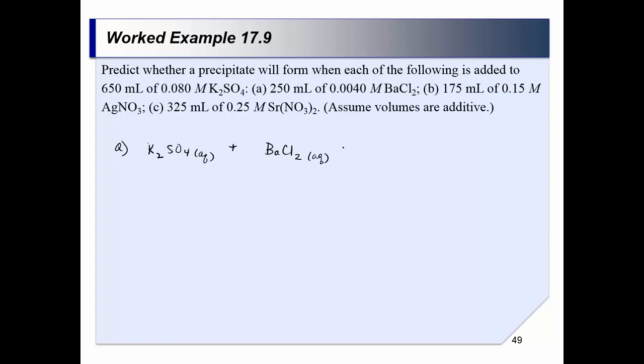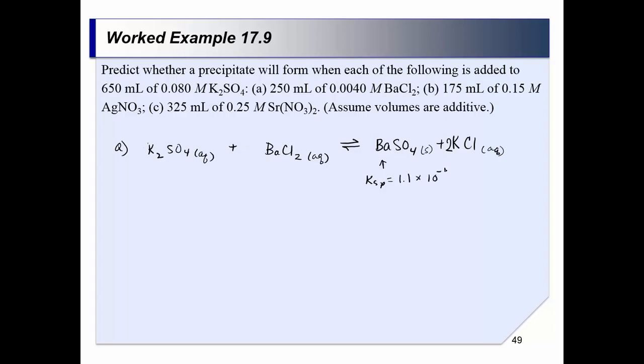I need to recall where my solubility tables are, and if you don't know where your solubility tables are, in order to predict whether or not you will form a precipitate with either of these compounds, you can look up the KSP, because this compound has a KSP value, this one does not. Therefore, I'm going to say this one's going to be our most likely solid and this one's going to be spectator. This one's going to remain aqueous. So the KSP value of barium sulfate is 1.1 times 10 to the negative 10.